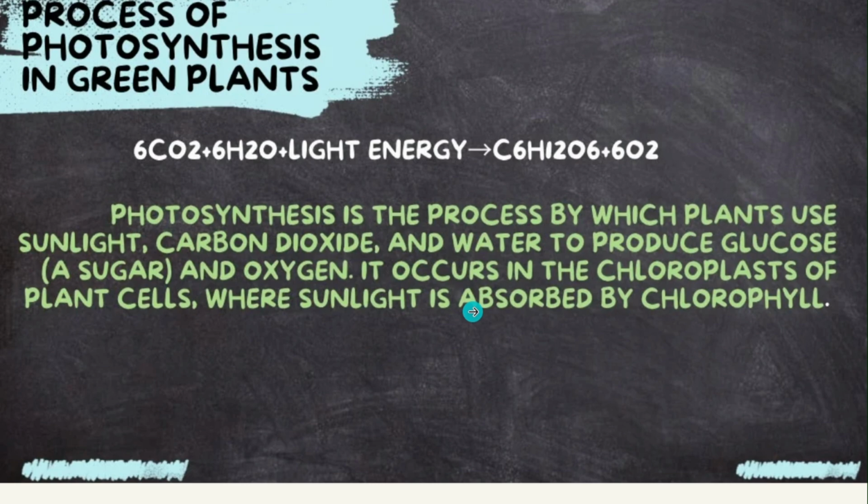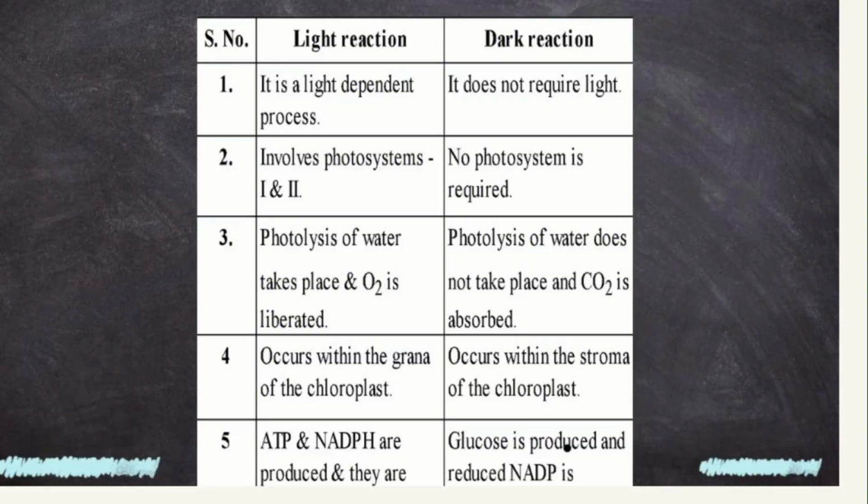So this is the process by which plants use sunlight, carbon dioxide, and water to produce glucose and oxygen, and it occurs in the chloroplast of the plant cell where light is absorbed by the chlorophyll. Chlorophyll is like a green pigment within our green plants, basically. Now we have two stages.